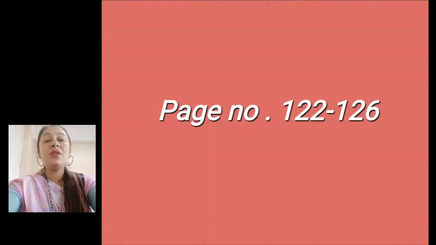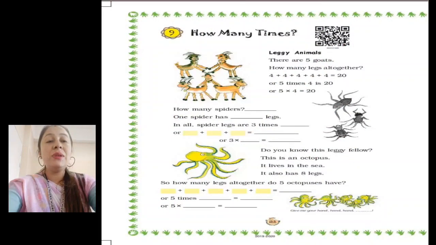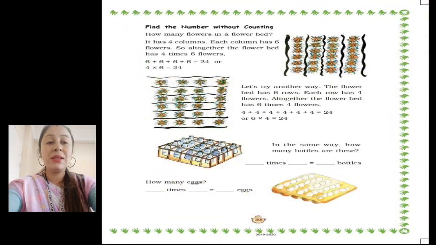So let us first see what we are going to do today. So here, how many times we will count the legs of different insects and animals. Here we will find the number without counting, looking at the rows and column and by multiplying them.